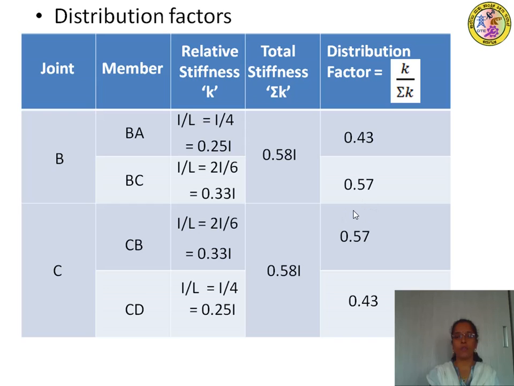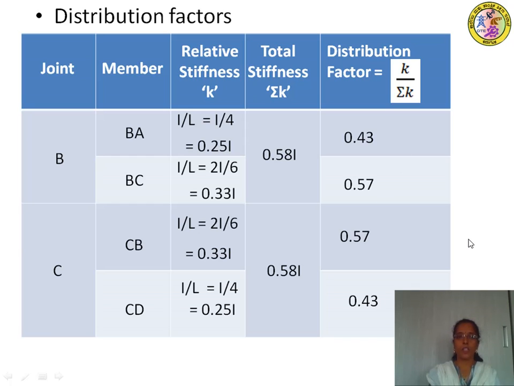Okay, so if you draw a line at the axis of symmetry, whatever distribution factor member BC has, the same will be for CB, and whatever the distribution factor for BA, the same will be for CD as well. So here also, because of the symmetry, the distribution factors are symmetrical.